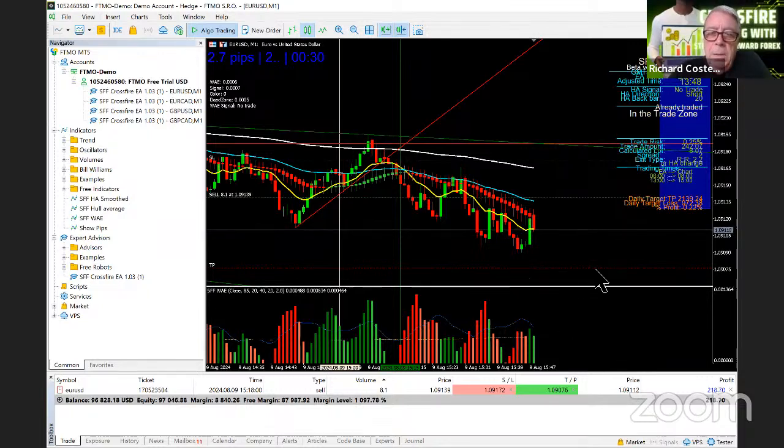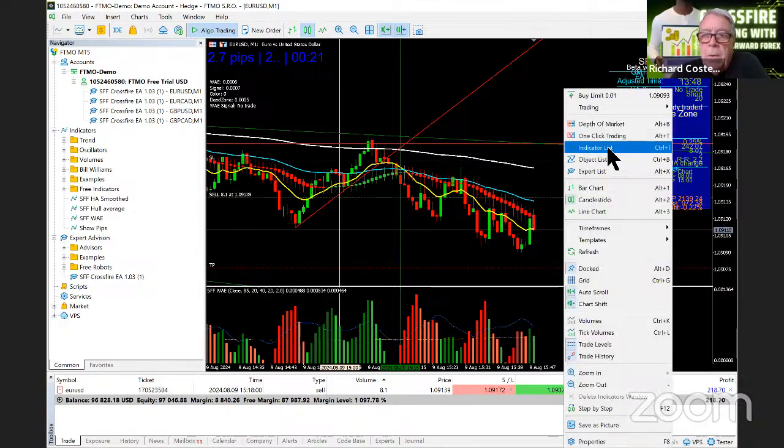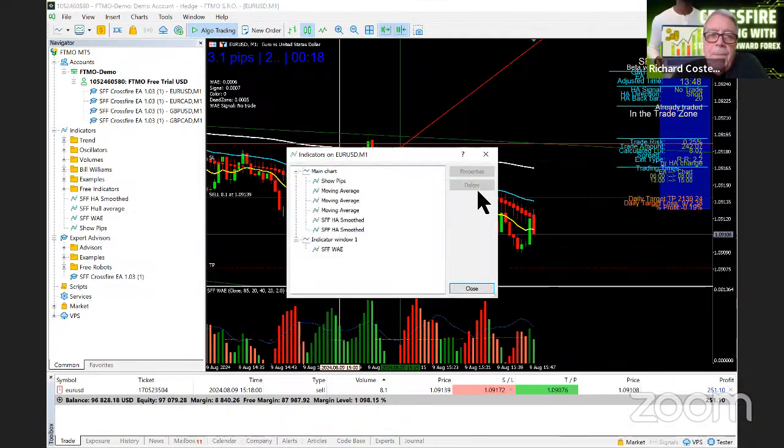I prefer this blue line to be white, and I prefer that orange line to be a bit bolder. So I can change those and just left click, go to indicator list. I think it's always worth looking at these before you start trading anyway, because sometimes the assistant will put additional.